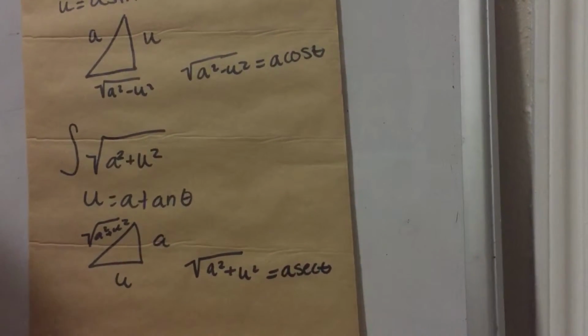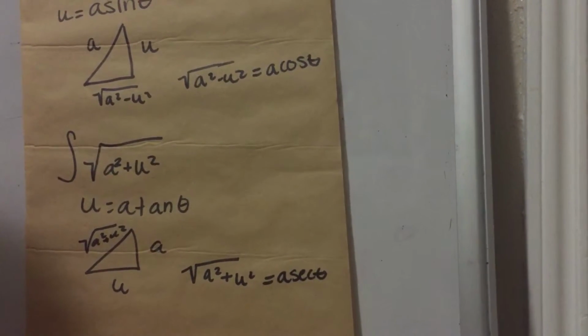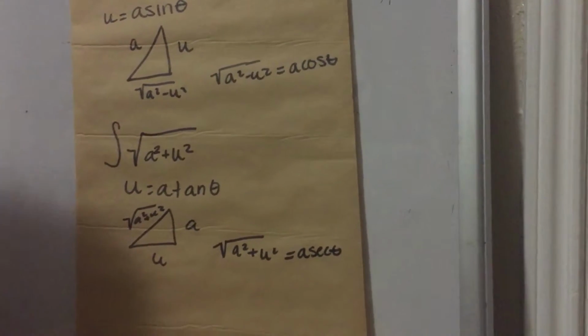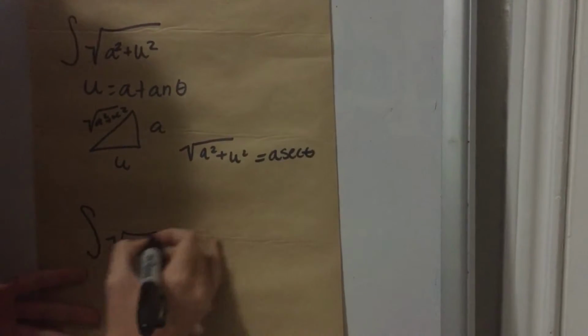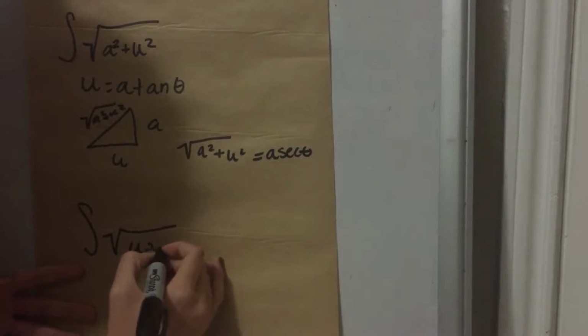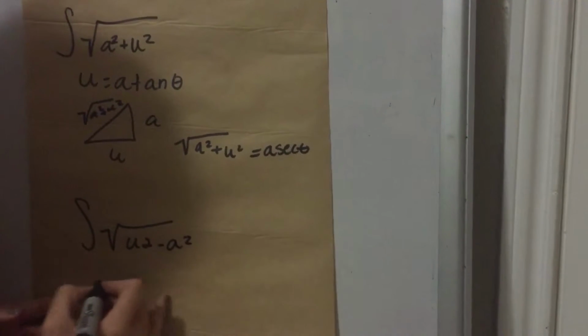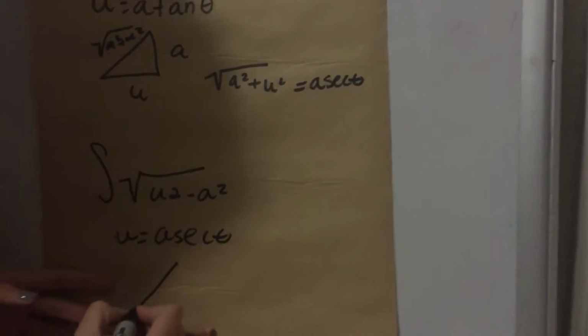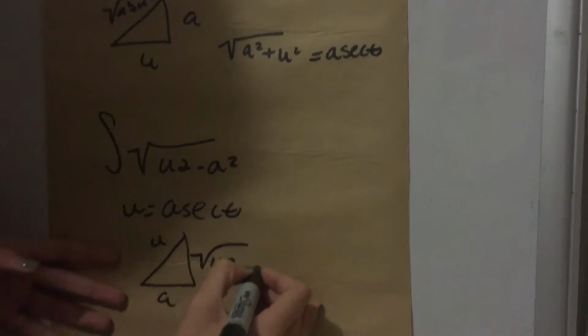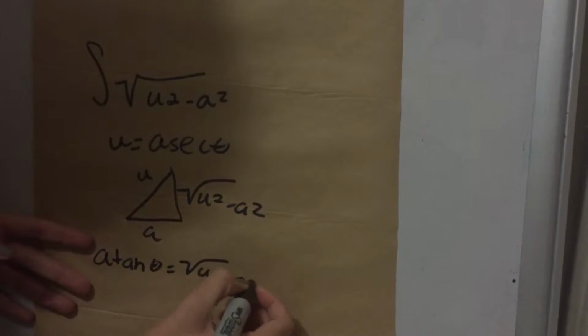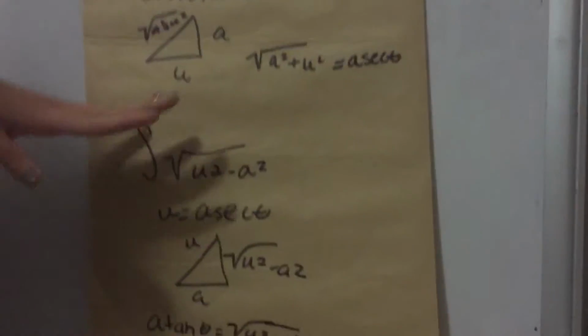Now, next we have the integral of the square root of u squared minus a squared, and u is equal to a secant theta, where a tangent theta equals the square root of u squared minus a squared.